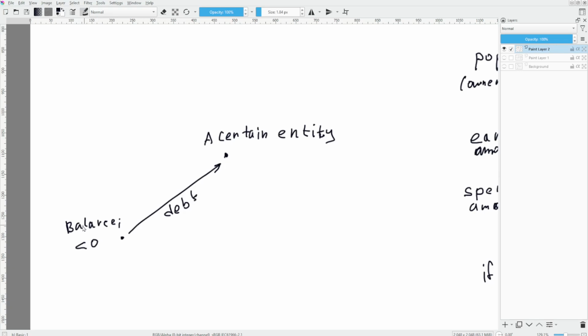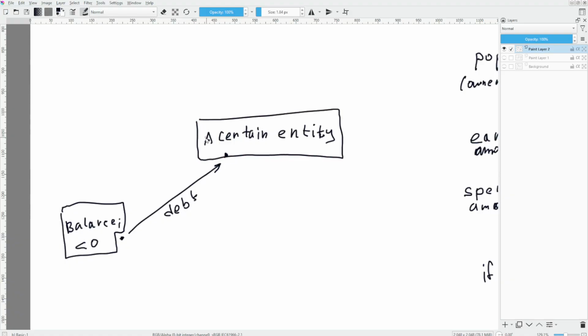It means that this balance is currently in debt to a certain entity. Let's call it, for example, the God bank.